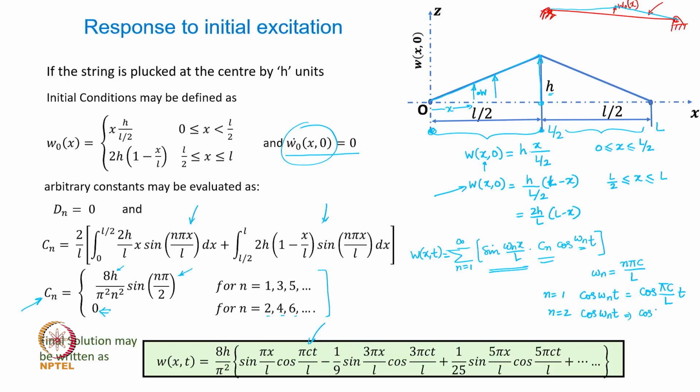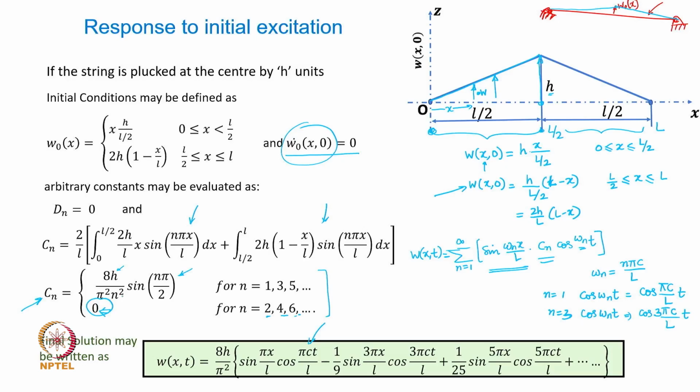Because for n equal to 2, 4, 6, this Cn is equal to 0, we'll have to skip the second term. So I'm going to jump to n equal to 3, and therefore this is going to be 3 pi c by L t, right? So that is going to be the third term.